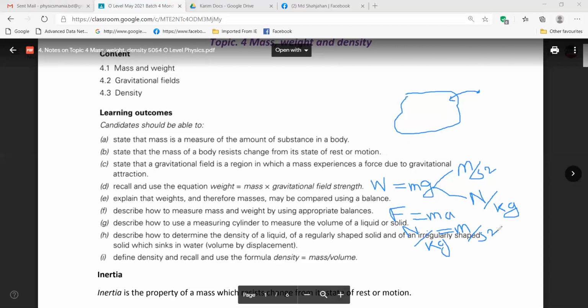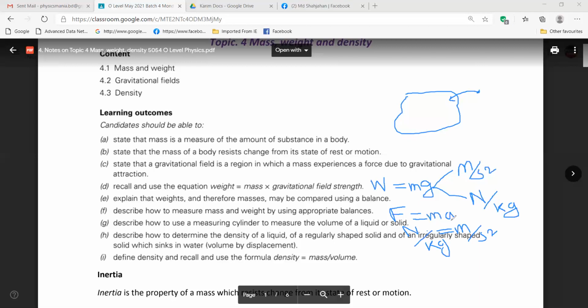Now we have a very simple thing. For measuring mass we are using balances, right? Sir, can you repeat that Newton per kg and meter per second square have the same unit? Yeah, they are the same unit. We already got the proof here, right? From this equation, F equals ma.